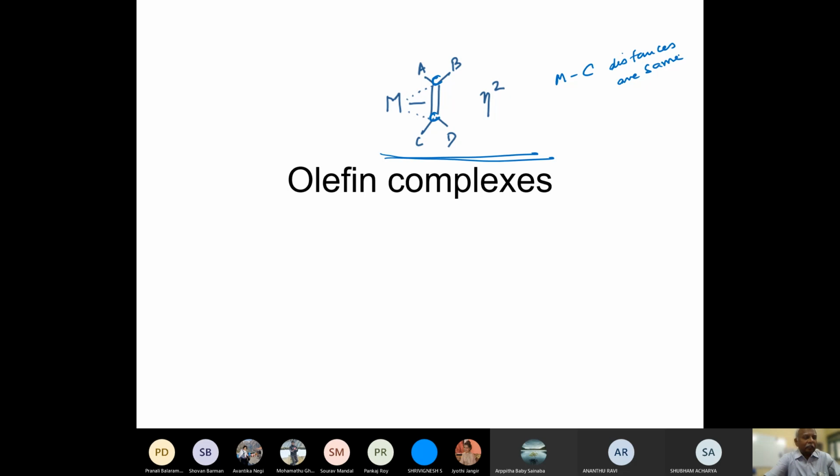I'm emphasizing this because there are several complexes where the metal is slightly displaced, and as long as these two distances are reasonably comparable, we call them olefin complexes.